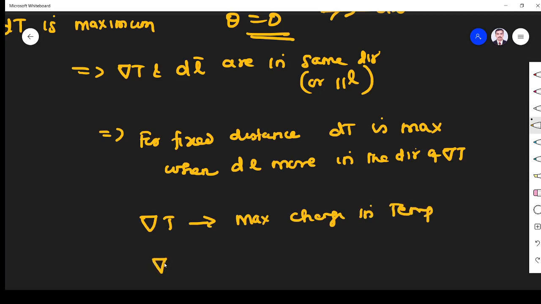If you take any physical quantity x, the gradient is giving the maximum change.